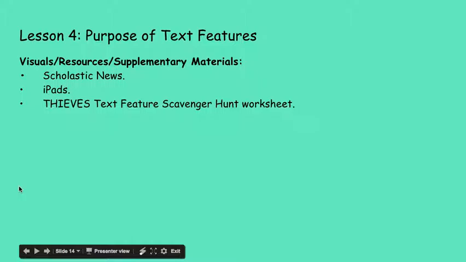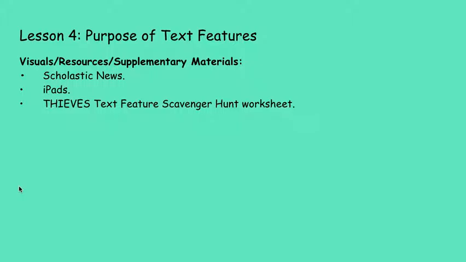Okay, so in lesson 4, again, we're still on the purpose of text features. We're going to be using Scholastic News, which is an awesome resource. I hope that more teachers can use it in their classrooms. We're going to be using our iPads again because we can actually access Scholastic News not only in print but on the iPad as well.